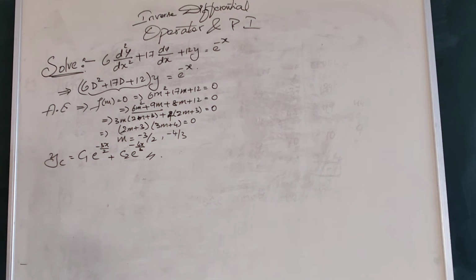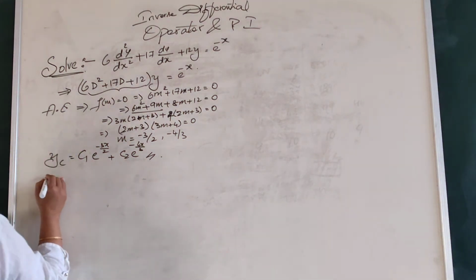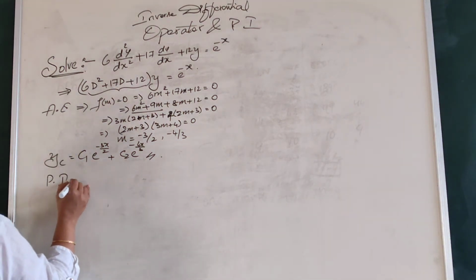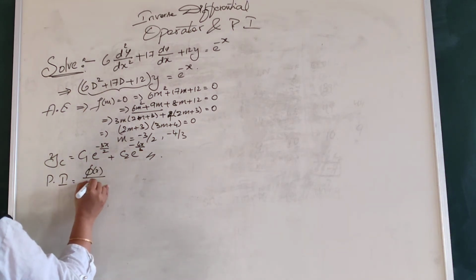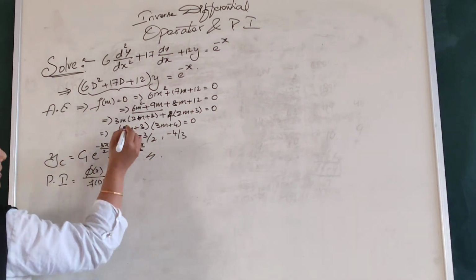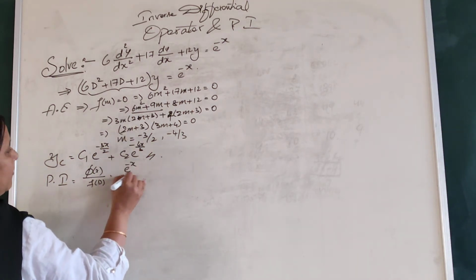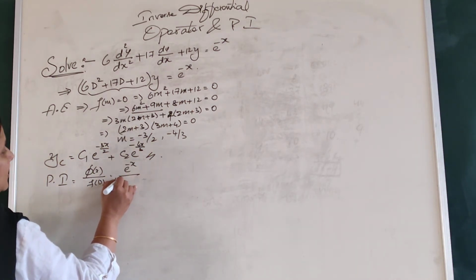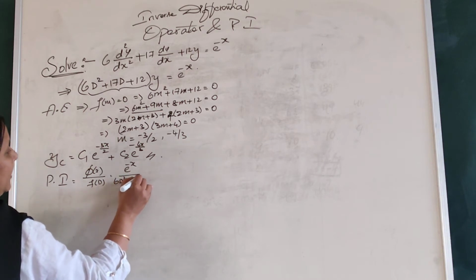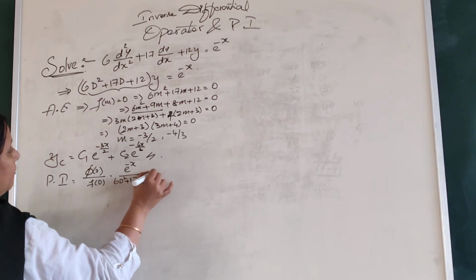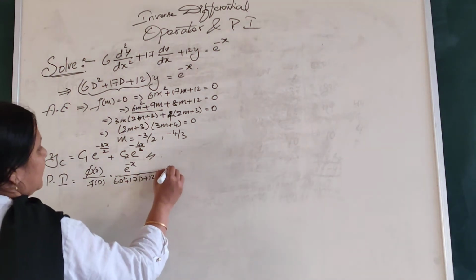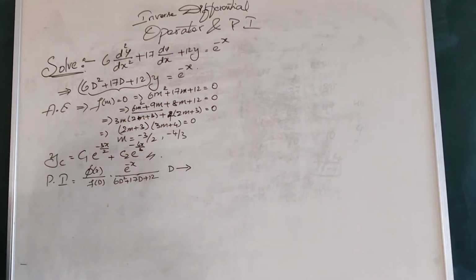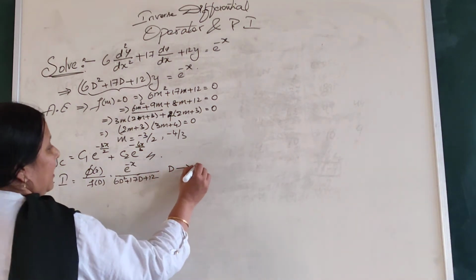Now coming to the second part of the problem, that is to find the particular integral. Particular integral is equal to phi of x divided by f of d. In this case, e to the power minus x divided by f of d, which is 6d square plus 17d plus 12. Okay, so this is the particular integral in this case. And what is d supposed to be replaced by? It has to be replaced by a.